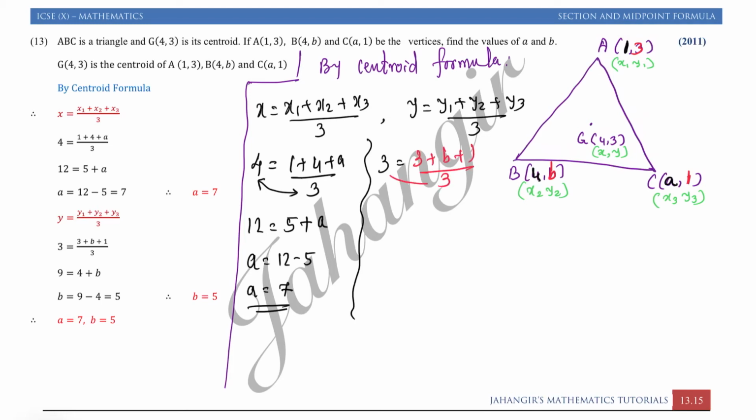So cross multiply: 3 3s are 9 is equal to 3 plus 1, that is 4, plus b. So therefore b is equal to 9 minus 4, which is 5. So b is equal to 5. So we got the values of a as well as b. We want those values of a and b.